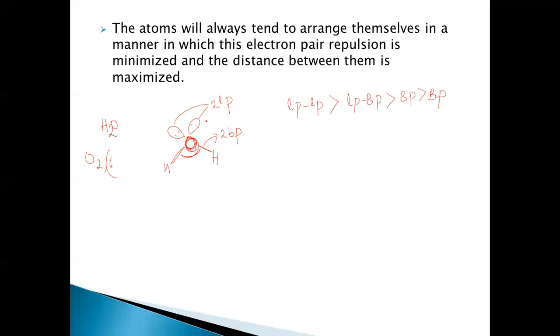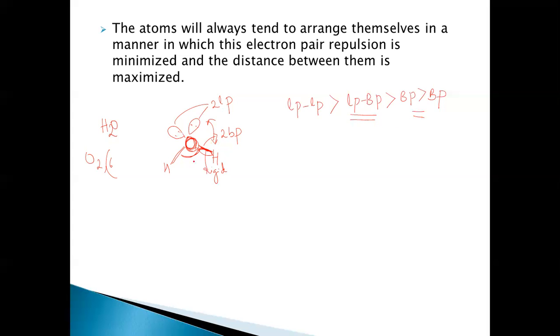And when we come to lone pair bond pair repulsions, this is a little less than lone pair repulsion, because the bond pair is held, it's rigid between these two atoms. It is not free to move around the central atom. They're occupying little space around this central atom. So lone pair repulsion is more than lone pair bond pair, which is more than bond pair.